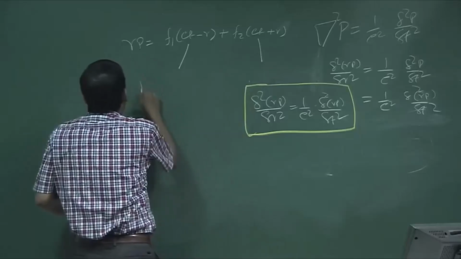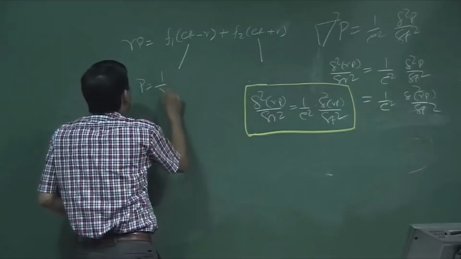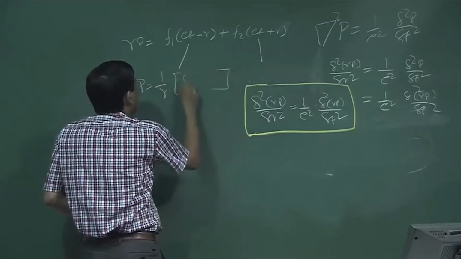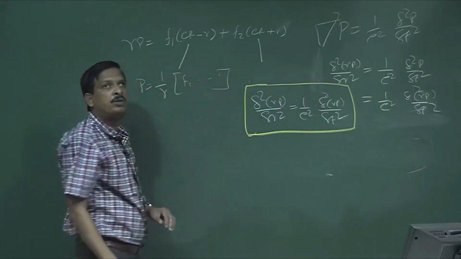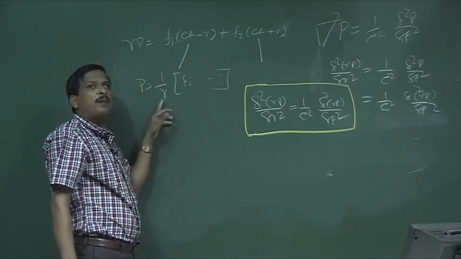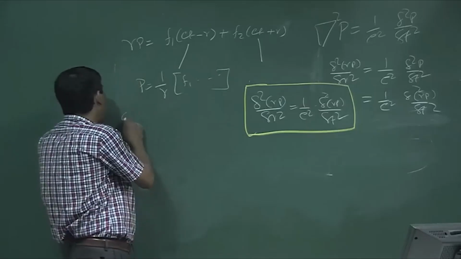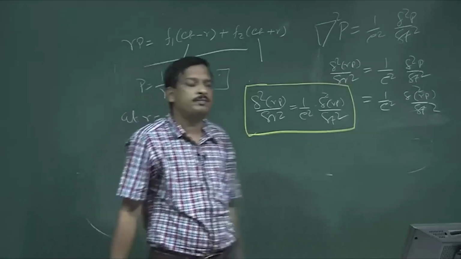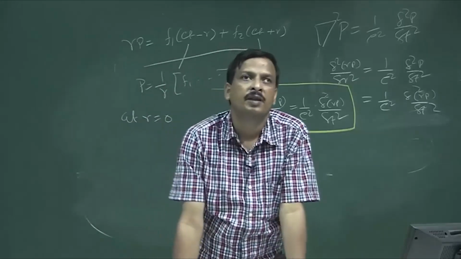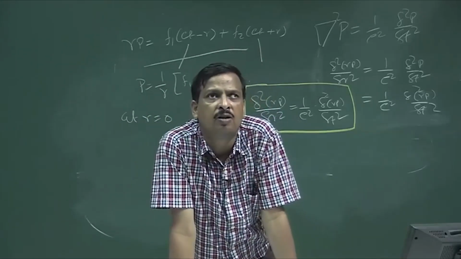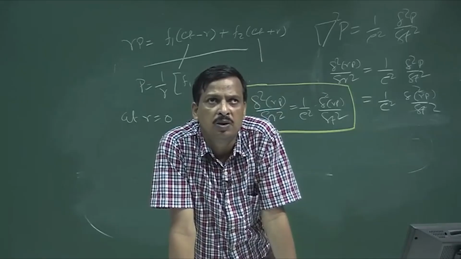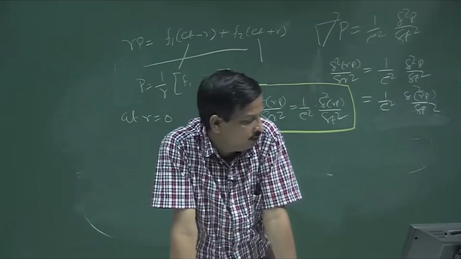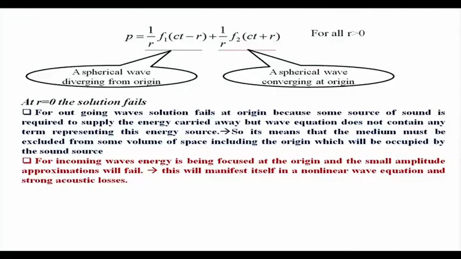Now what is p? p is nothing but 1 by r times the functions f1 plus f2. So now if it is 1 by r, at r equal to 0 this concept is not valid. For the diverging wave and converging wave at r equal to 0, no solution is valid. So in that case what will happen?